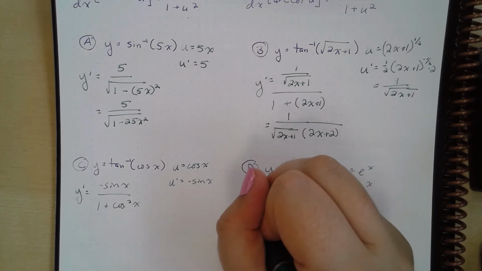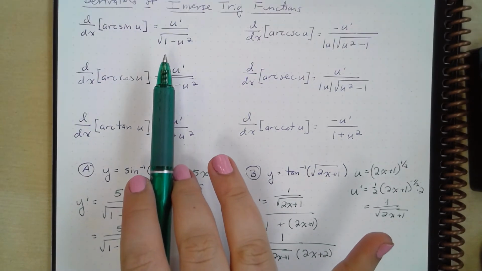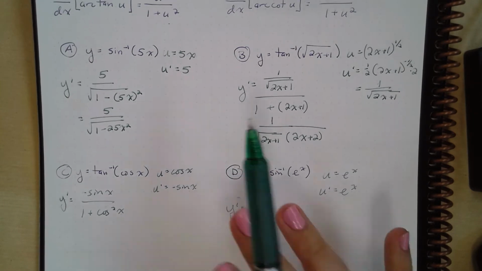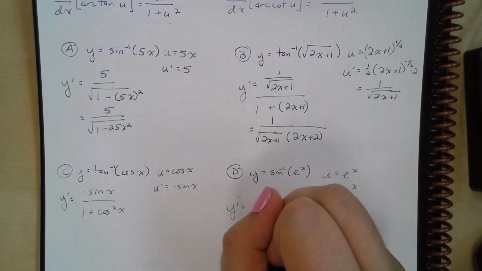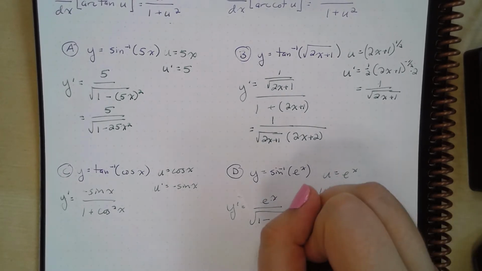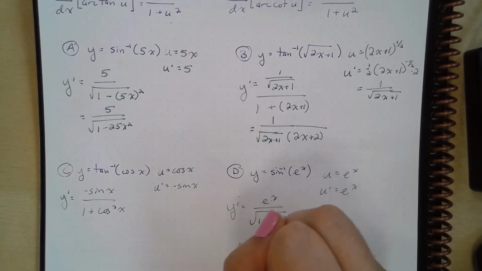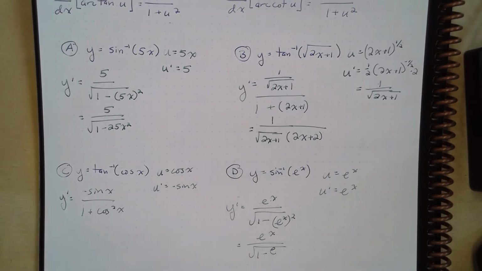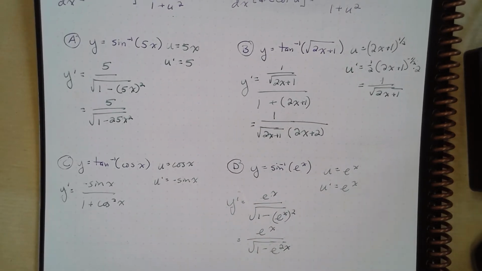So y prime is equal to u prime, e to the x, over the square root of 1 minus e to the x quantity squared, which of course is just e to the x over the square root of 1 minus e to the 2x. Good? All right, so far so good.